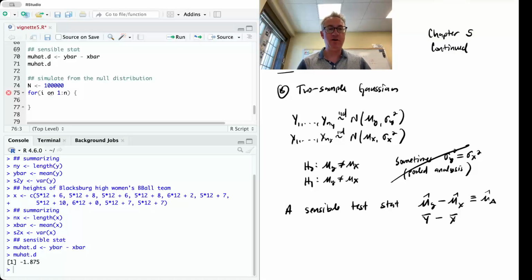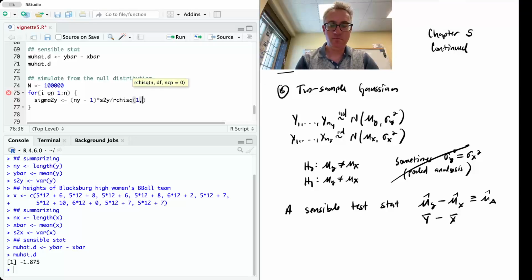So I'm actually going to follow the simulation from chapter 3, which involved sampling sigma 2y values from an inverse chi-squared so that we can do the t version of this test.